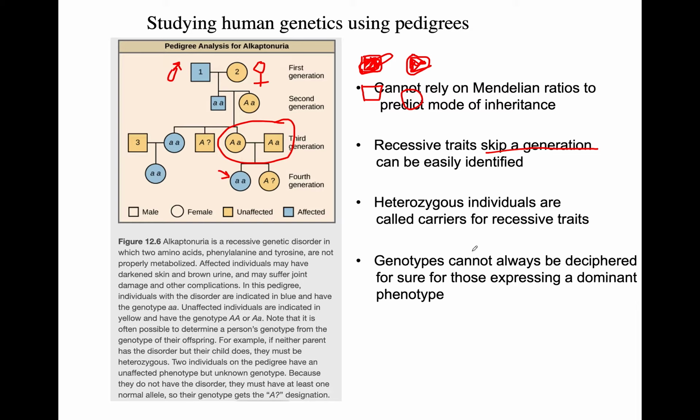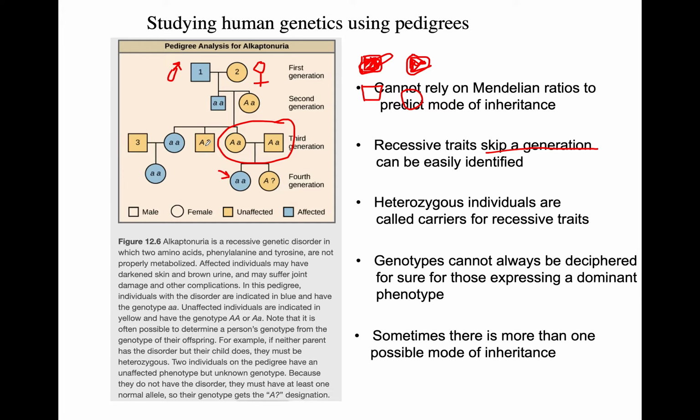Genotypes cannot always be deciphered for sure for those expressing a dominant phenotype. We saw that before when we talked about the test cross. So for this individual and this individual, we really don't know exactly what their genotype is, because it could be both big A big A and big A little a. So is this one.